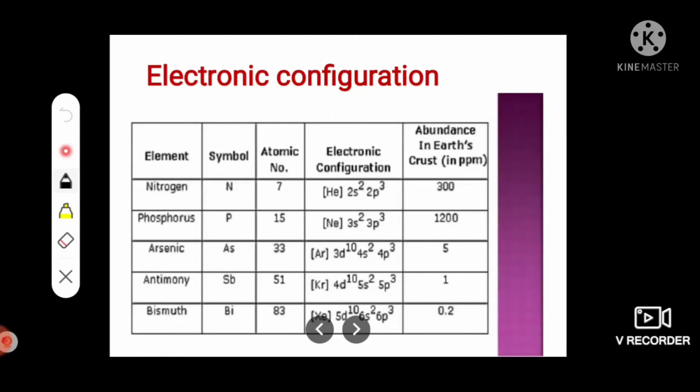Next, we are going to discuss the electronic configuration of the nitrogen family. The general electronic configuration of the elements which belong to this family is ns2 np3.